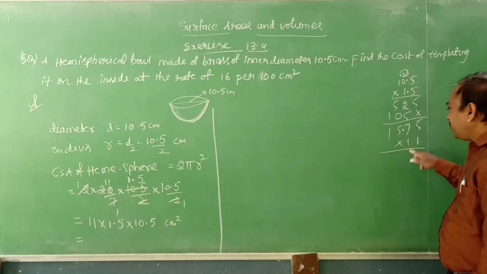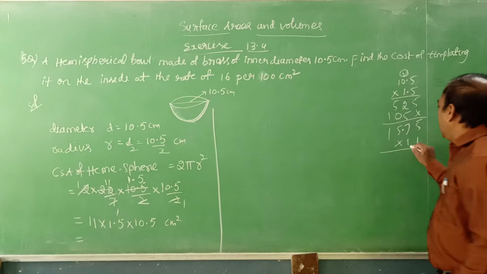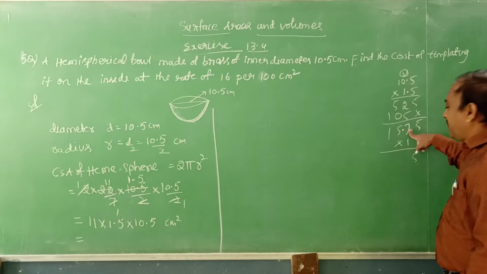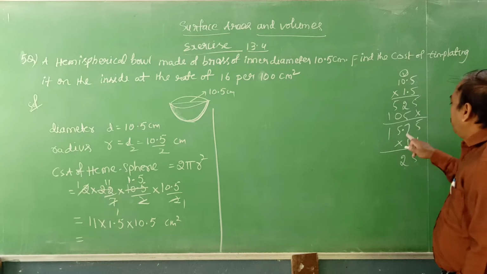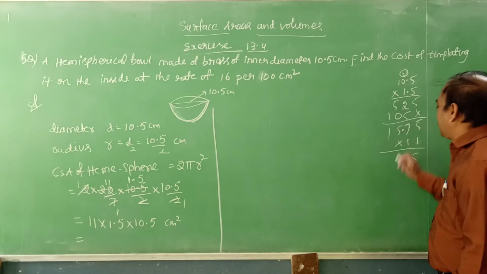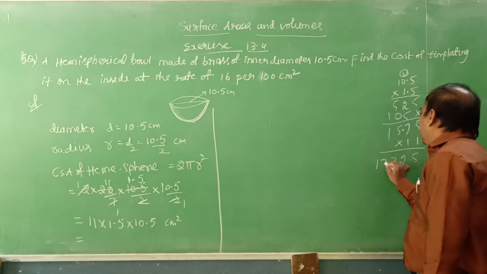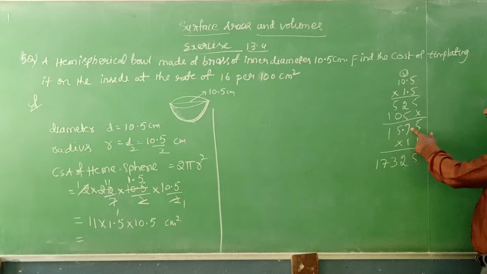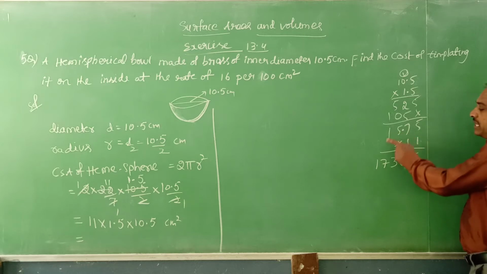Directly you can multiply with 11, or use the table of 1 twice, that also you can do. 11 5s are 55, 5 remains. 11 7s are 77 plus 5, 82. 8 remains. 11 5s are 55 plus 8, 63. 3 remains. 11 ones are 11 plus 6, 17.